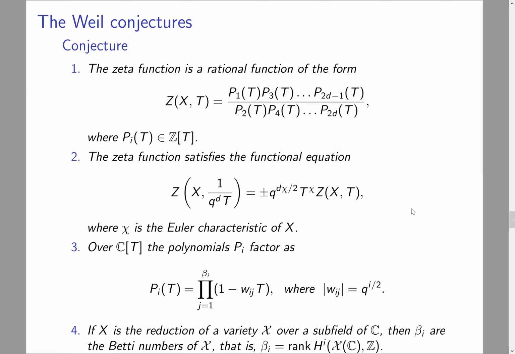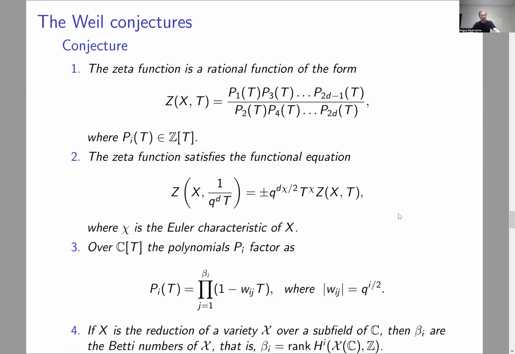Sometimes these w_ij are referred to as the reciprocal roots of the polynomial, because if I divided through by all of them, the polynomial would be the product of (t minus 1 over w_ij). So these things are the reciprocal roots of the polynomial.